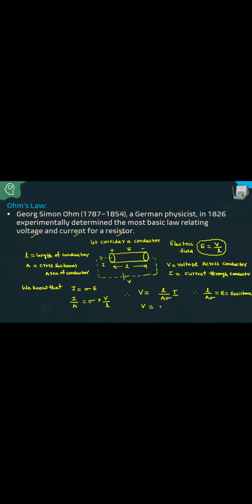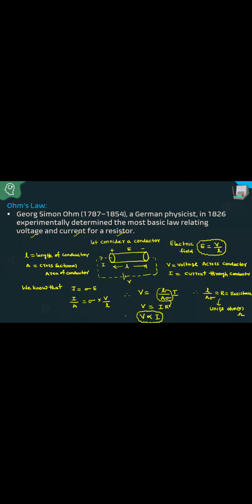Then V equal to I into R. I am replacing L by A sigma with R. The unit of this resistance is ohm, denoted by the ohm symbol. R is the constant, so you write it as a proportionality: V is proportional to I.